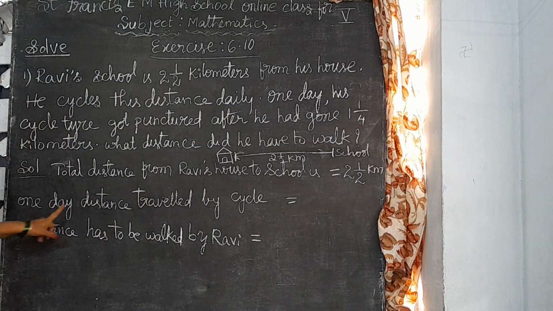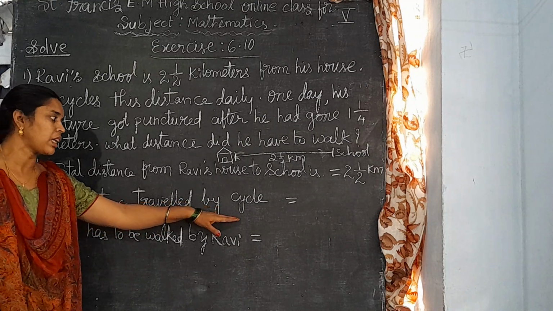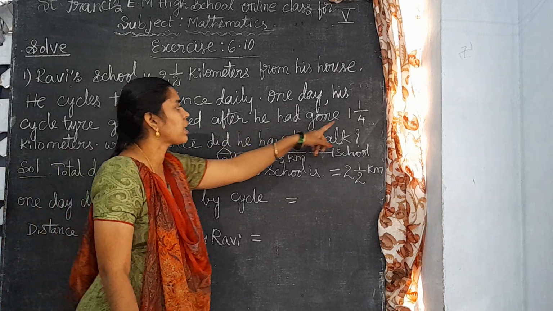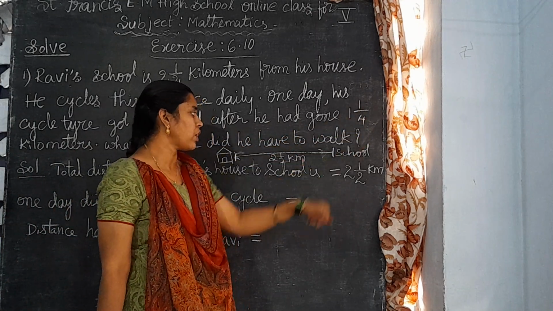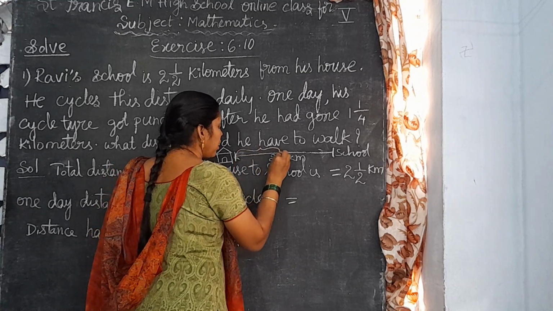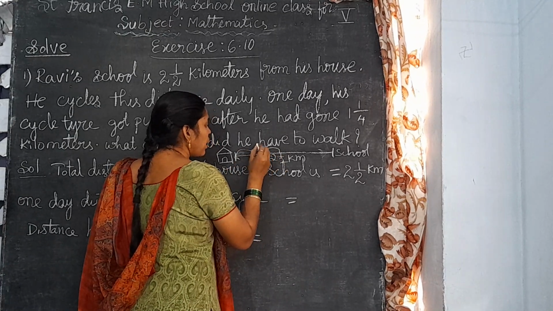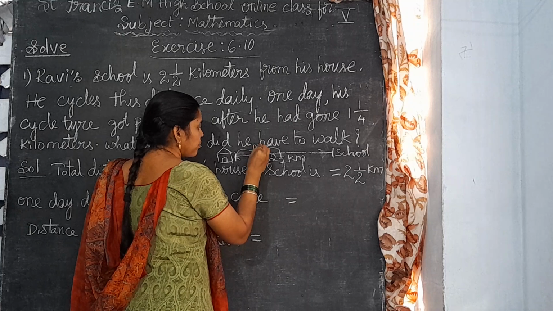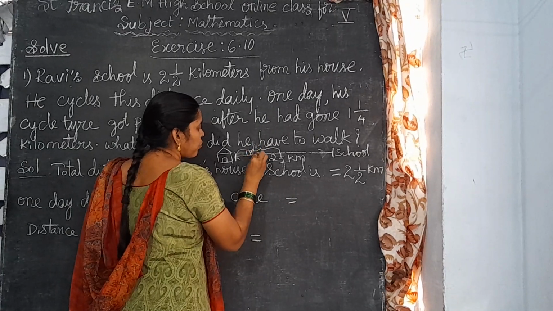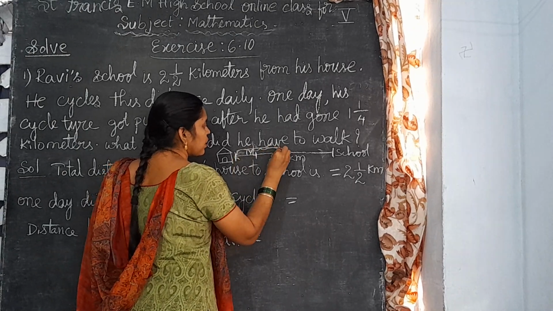Now, one day distance travelled by cycle. How much distance did he travel by using cycle? 1/4 kilometers. In this total distance, he travelled 1/4 kilometers. Here I am writing 1/4 kilometers.